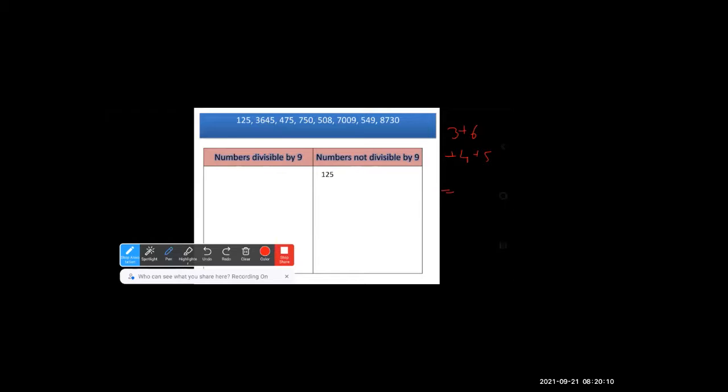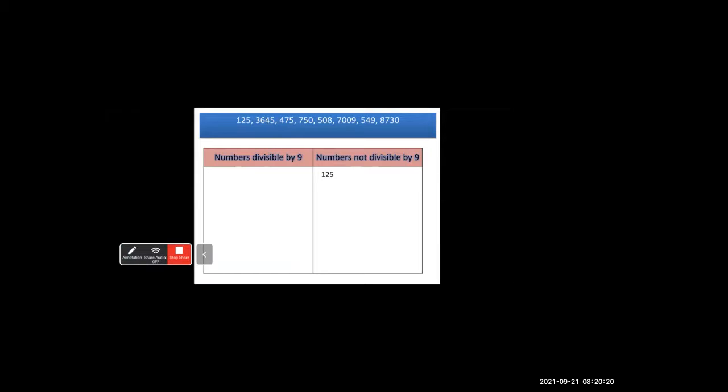It is divisible, ma'am. The total is 18. And we all know that 18 comes in the table of 9; that is, 9 twos give us 18. So we will say that the number 3,645 is divisible by 9. Now let us see the next question, that is 475.